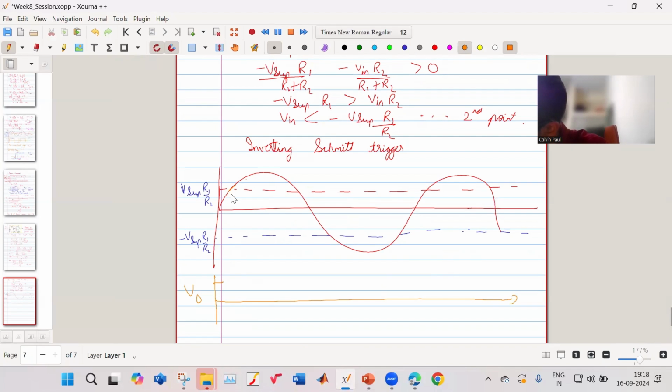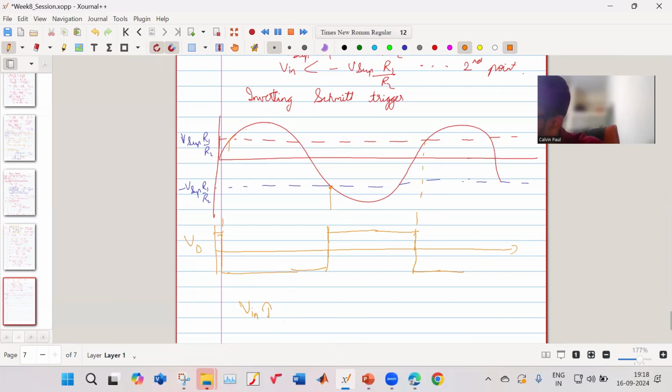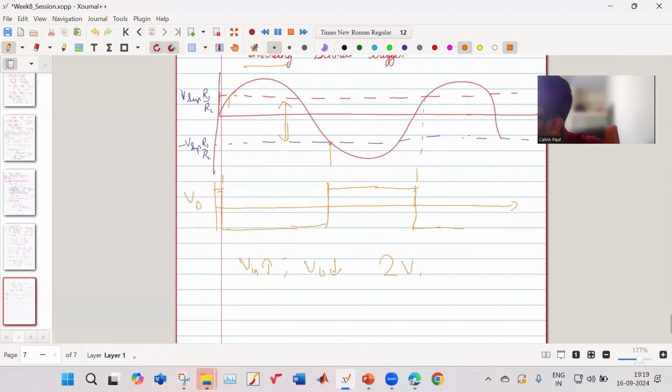So earlier your output was positive, then it will go negative, and then when it crosses this point, then it will go positive. Then it will keep on being positive, then when it crosses this point, then it will become negative. So it is sort of opposite. When your input is increasing, your output is reducing. That's why it is known as an inverting Schmitt trigger. So what is this band? Your hysteresis band is 2 into your V supply into R1 by R2. This is your band, right?